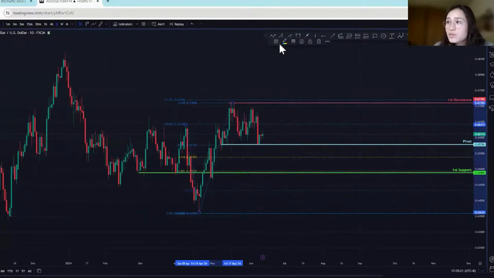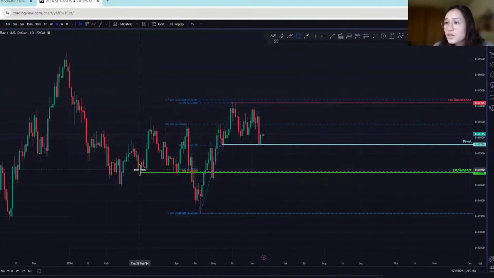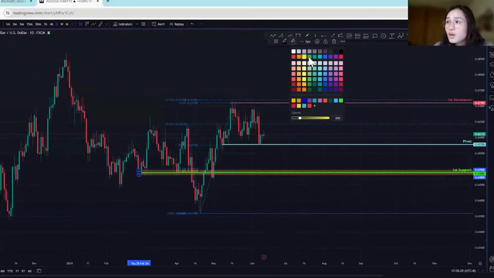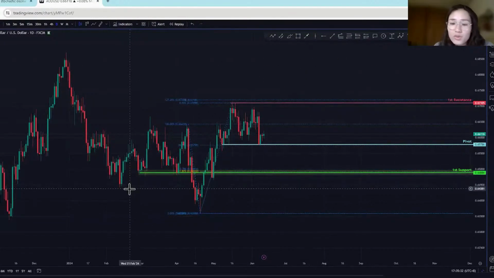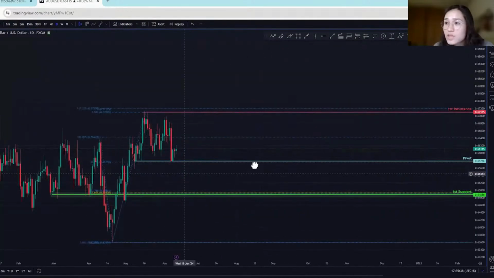My 78.6 also lines up with this first support. So this area here is our confluence area, which is basically when two or more Fibonacci levels line up nicely.